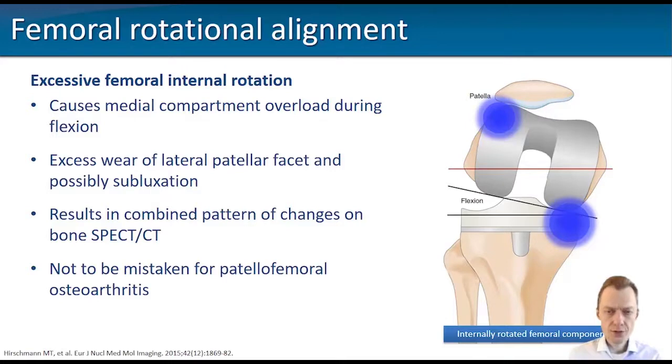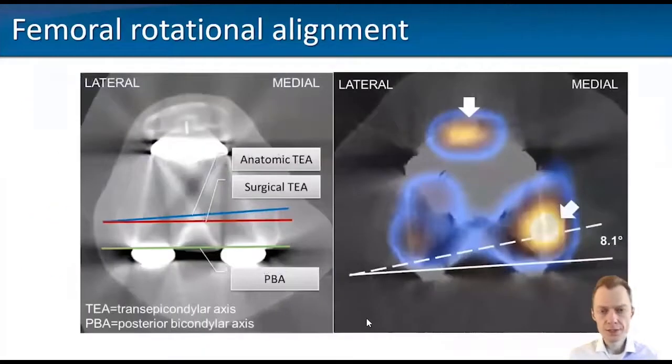Now, these changes do cause a very specific pattern in bone SPECT CT, which can give it away. But of course, you can also measure some angles on CT, which can further support your diagnosis. So this is the pattern you will be looking for: increased uptake on the lateral facet and on the medial femoral condyle.